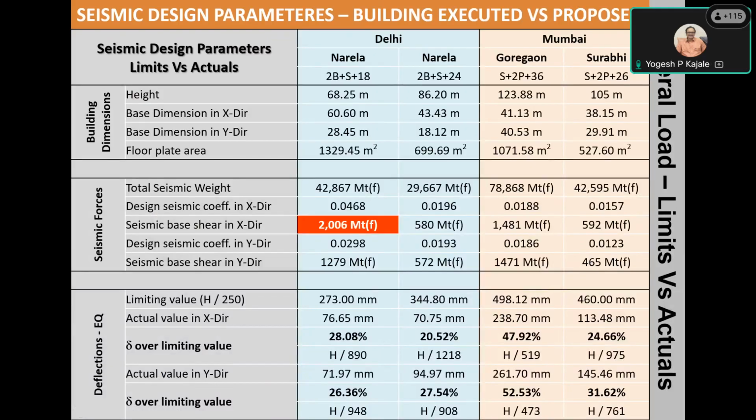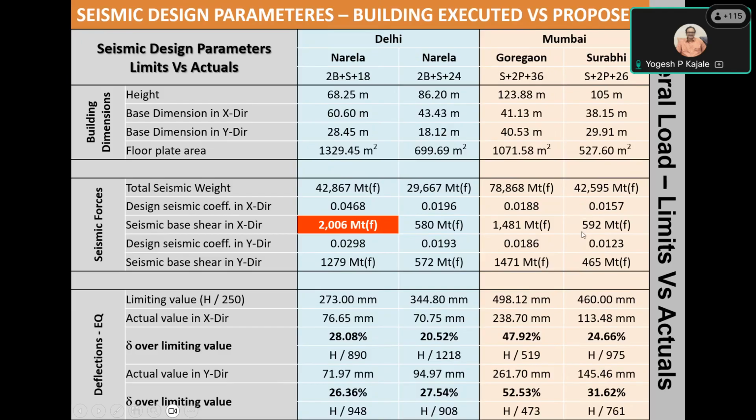So we compared what exactly is the seismic demand and what is the wind demand. Delhi has structures which are low rise, 18, 19, 20 story structures, with a seismic design base shear demand of 2006 metric ton, whereas these high-rise buildings constructed at Mumbai had a seismic demand of about 1500 to 600 metric ton.